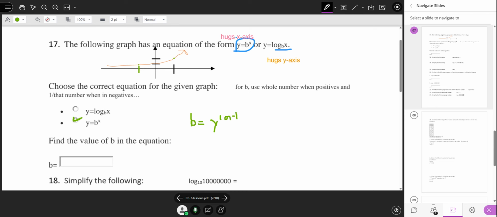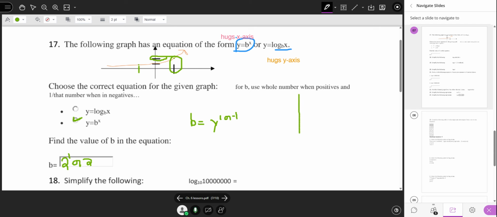And you want y to be a whole number. So it happens to be this set. So this is 2 at 1.